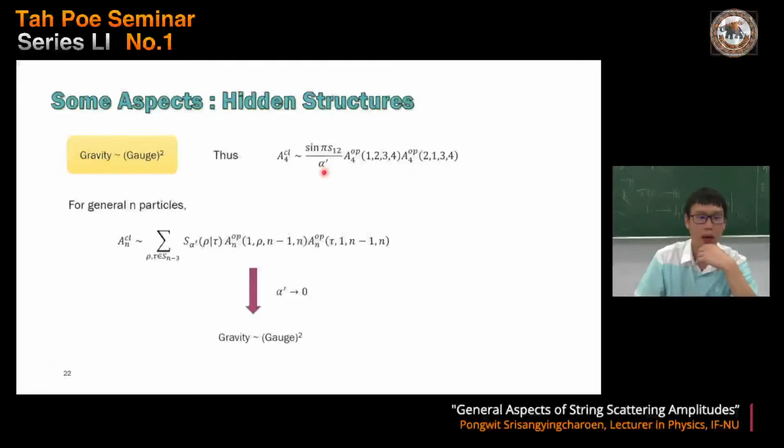And for general n particles, this is for 4 points here. For the general n particle case, we can make the analogy to the 4 point and translate it into more points. So the closed string amplitude at n point will be proportional to the product of two open string amplitudes with certain orderings rho and tau here, and there is a phase factor function S here which depends on alpha prime and on rho and tau.